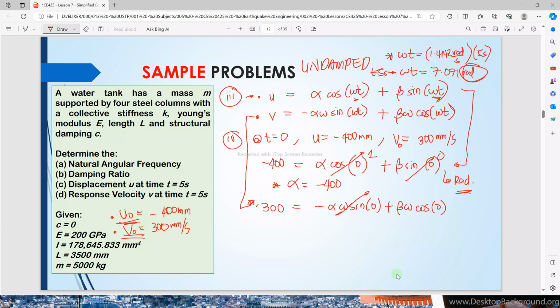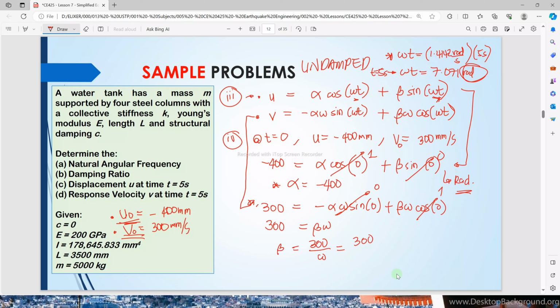We are left with beta omega, since cosine 0 is just 1. So 300 is equal to beta omega, or beta is equal to 300 over omega.